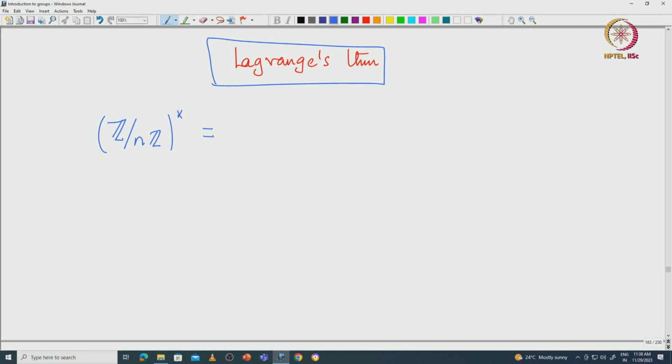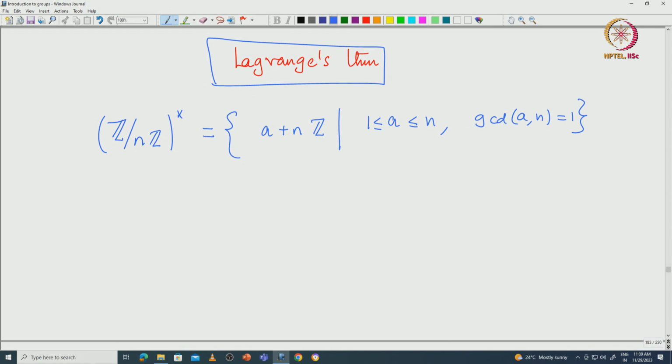Recall, this is parameterized by all the classes A plus NZ where A is between 1 and n and the GCD of A and n must be 1. So those are the numbers that are relatively prime to n. That is the parameterizing set for this Z modulo NZ cross.